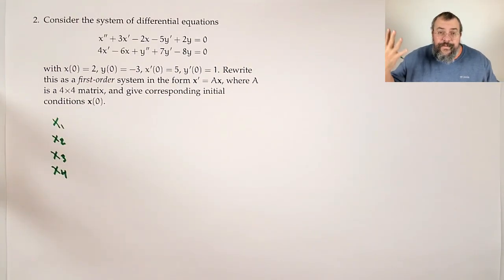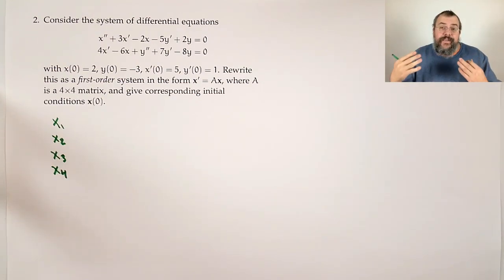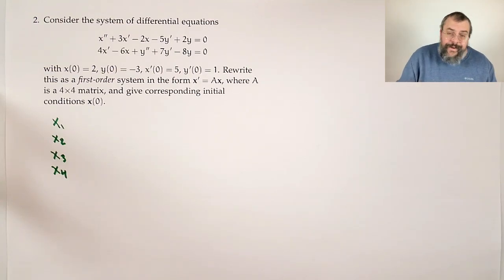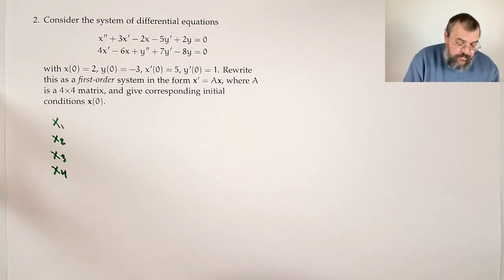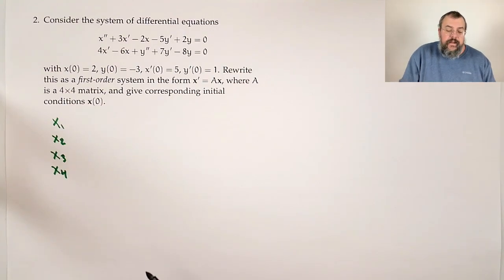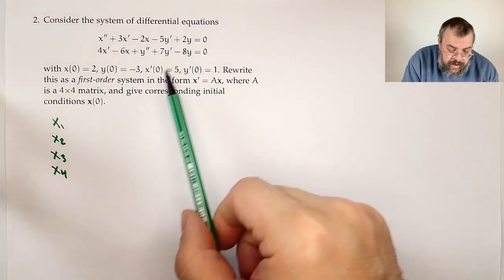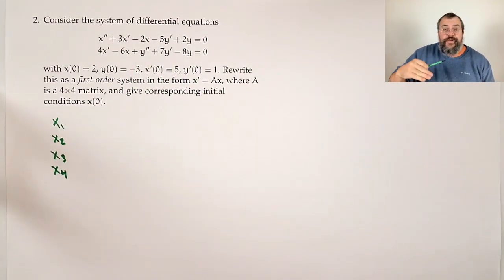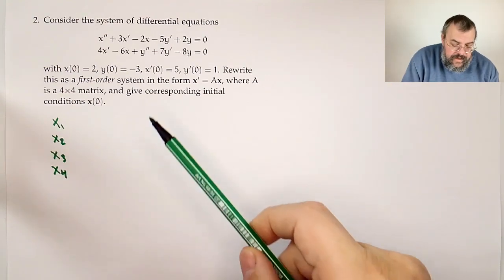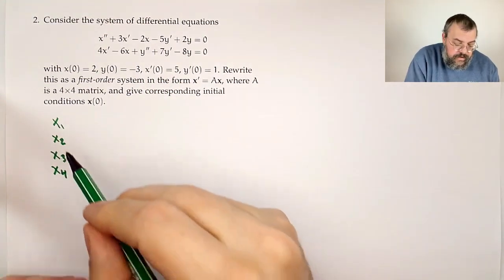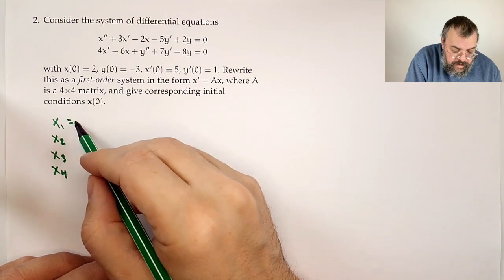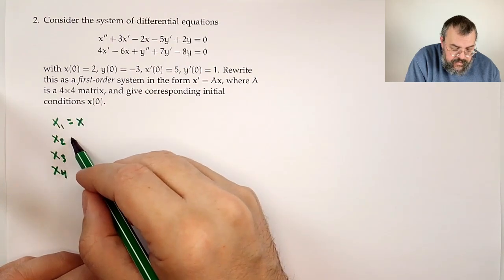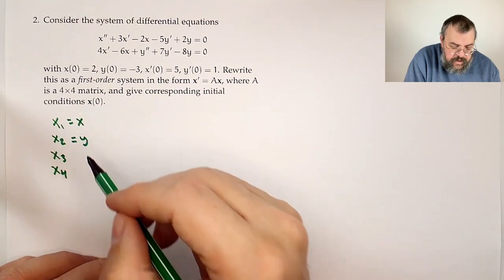And so those are our 4 functions we're solving for. Now we just have to say, how do these match with what we currently have? Well, we can match them in a couple of ways. The key idea is you look at what you have and you build your way up, right? So we have x and y. So okay, we'll say x1 is x, and x2 we'll say is y.